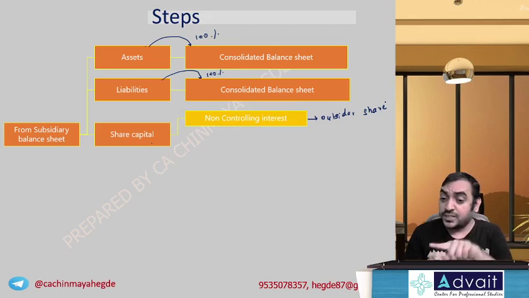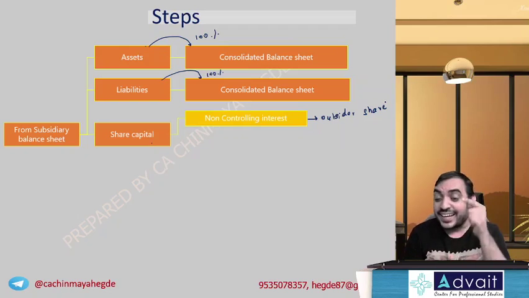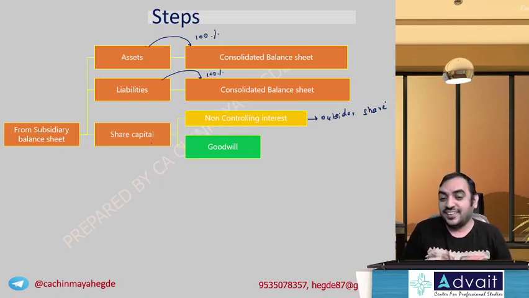Share capital of the subsidiary at the time of acquisition is part of the net assets on the date of acquisition, and net assets are used for goodwill calculation. So the holding company's share will be used in computing goodwill. This is the group share, group holding in the subsidiary.